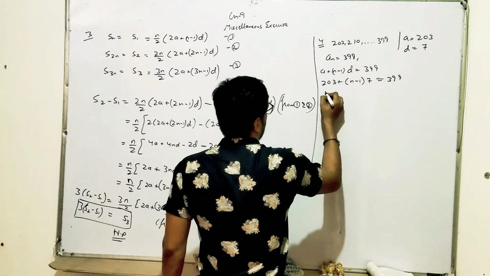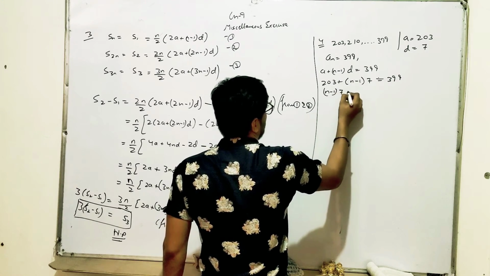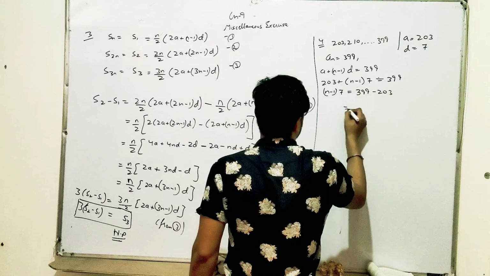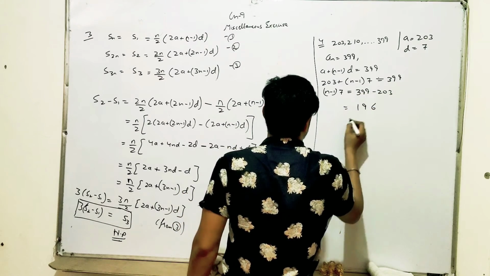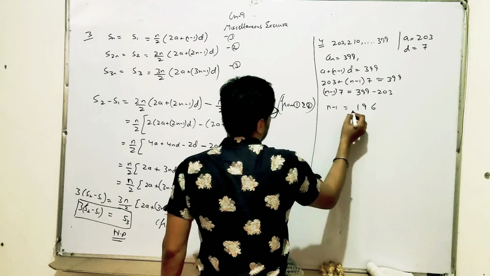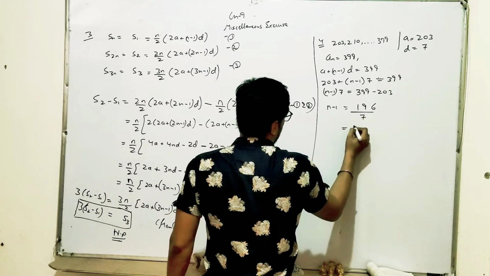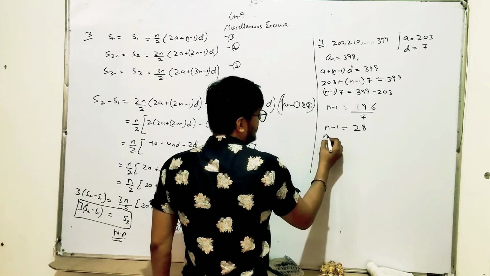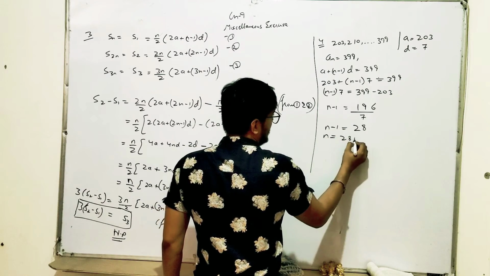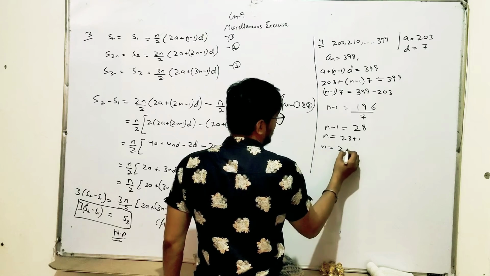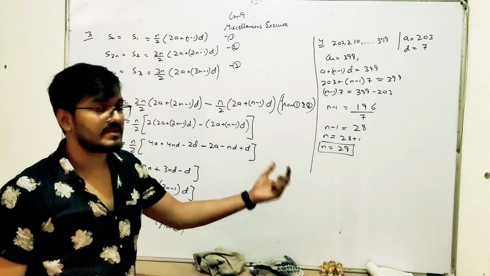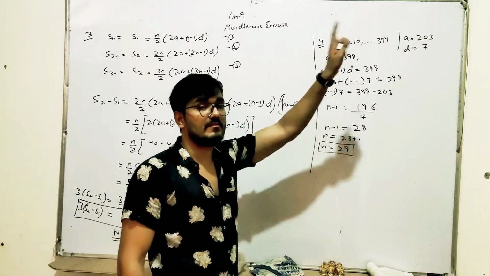So (n − 1) multiplied by 7 is equal to 399 minus 203, which is 196. So n minus 1 is equal to 196 upon 7, 28, so n is equal to 28 plus 1, so n is equal to 29, right? So total 29 terms are there which are divisible by 7 between 200 and 400.